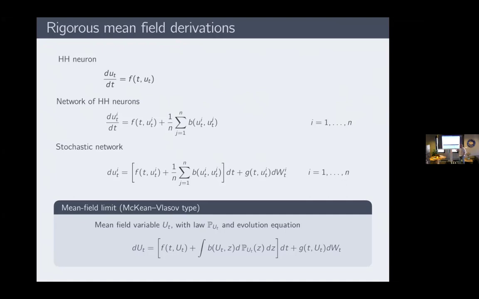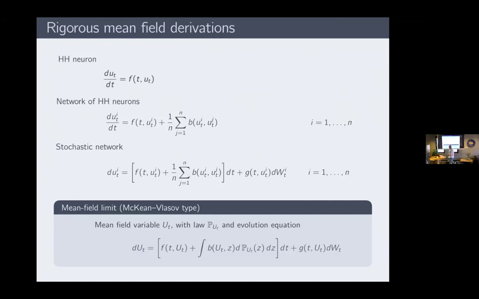So what you can show is that if you add noise in the form of some form of Wiener process here to this network, you now get a large dimensional set of stochastic differential equations.